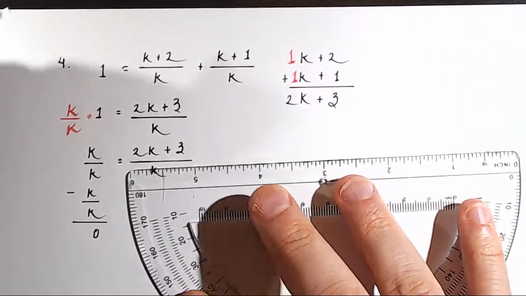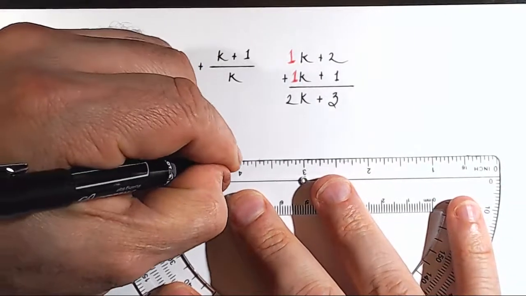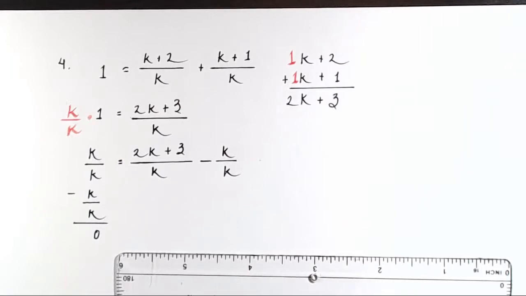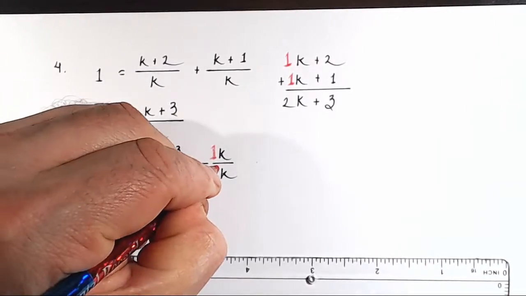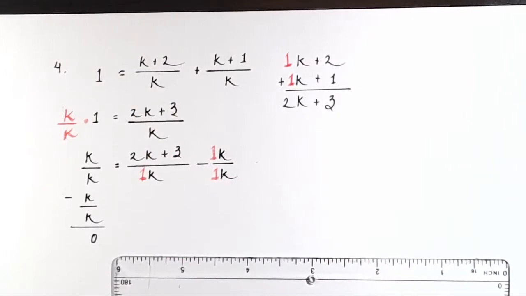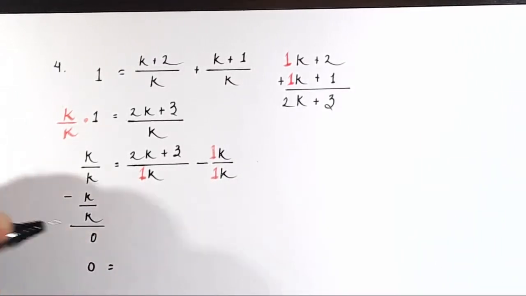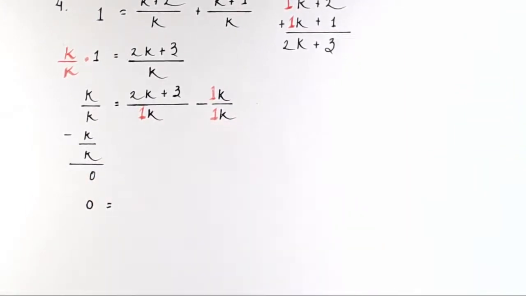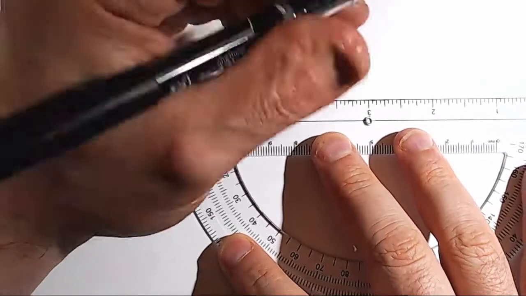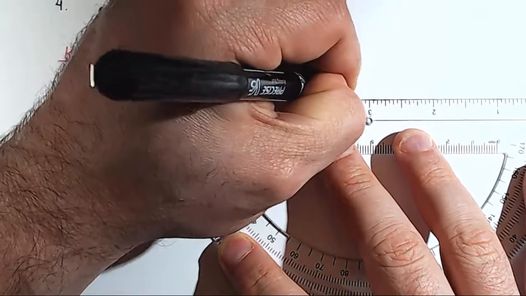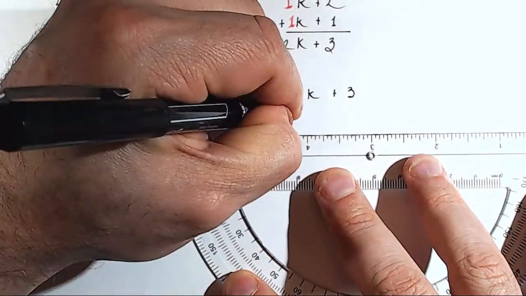And then on the left side, I can set it like this, minus k over k. Remember, if k is by itself, there's just a 1 in front of it. So basically, here's the problem I'm doing in the numerator. I have now on the left side just 0 equals. Everything is over on the right side right now. And I've got to do this subtraction, 2k plus 3 minus 1k. So here's what that looks like. 2k plus 3, and then we'll subtract 1k.